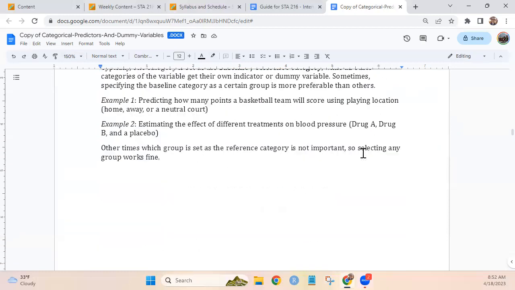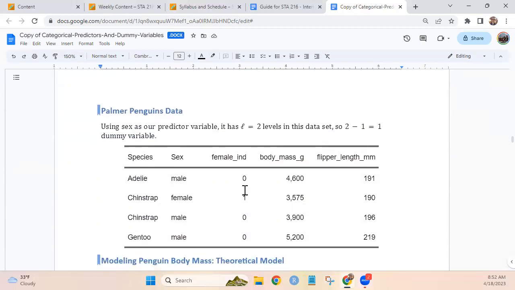Because, for example, let's talk about the sex of the penguins first. Here's a dummy variable indicating whether the penguin's male or female in this data set. So 0 for male, 1 for female.